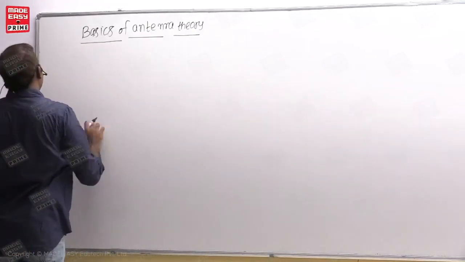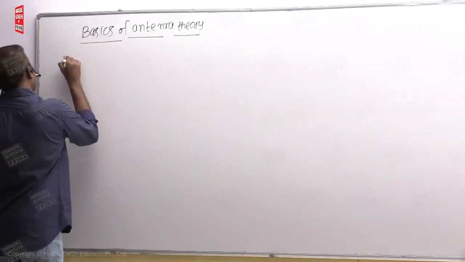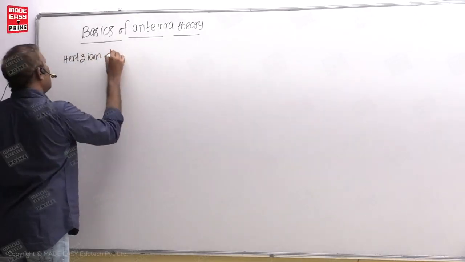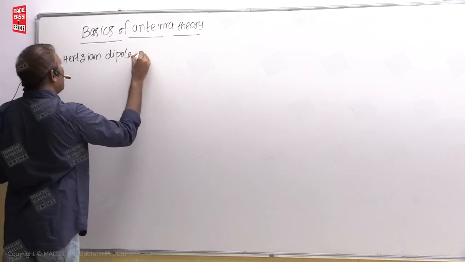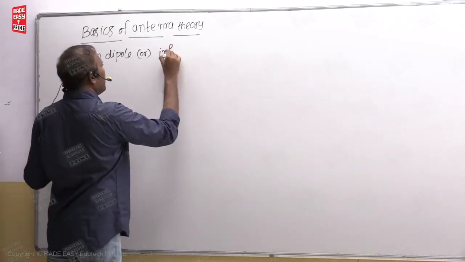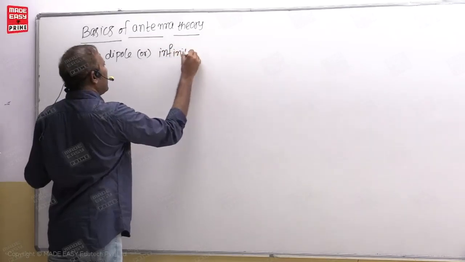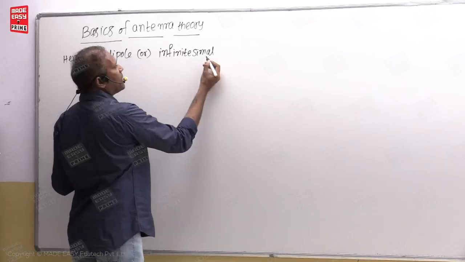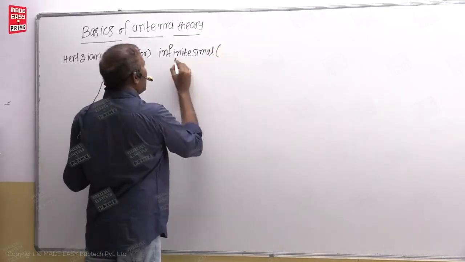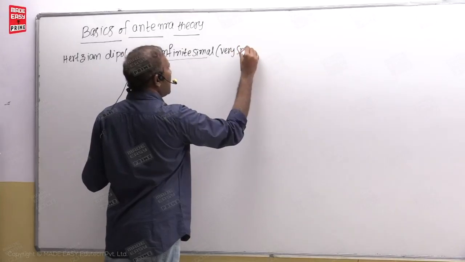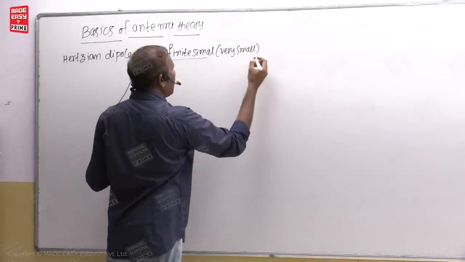first let us talk of the Hertzian dipole. It is also called infinitesimal dipole. Infinitesimal means very small, that is the dictionary meaning.